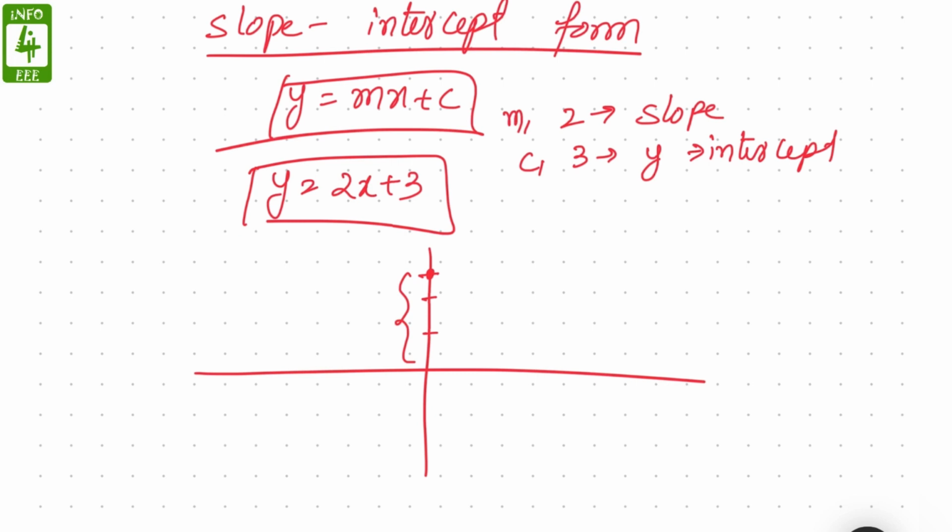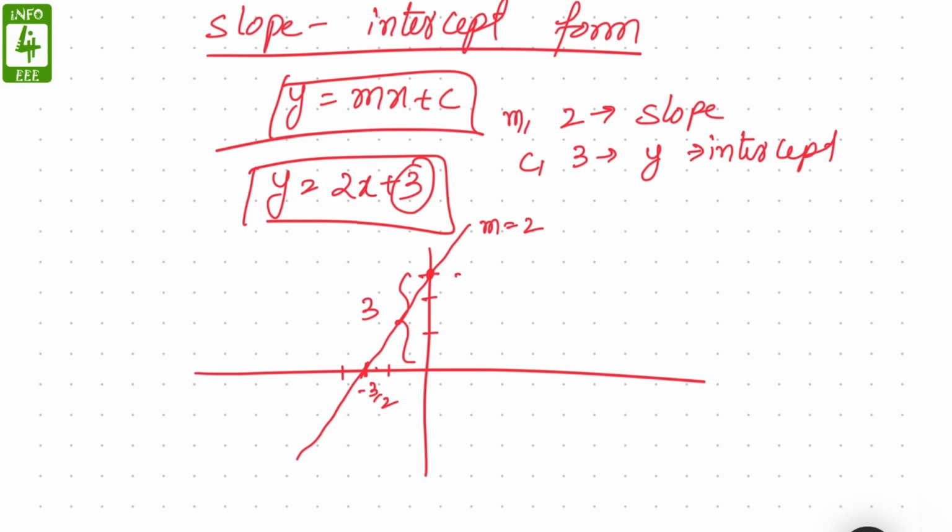It means that the line will go upward. When y is 0, at that time x is minus 3 by 2. So this will be the line. This is your y-intercept, which is already given as 3. The slope is 2, and you can find the slope as well.